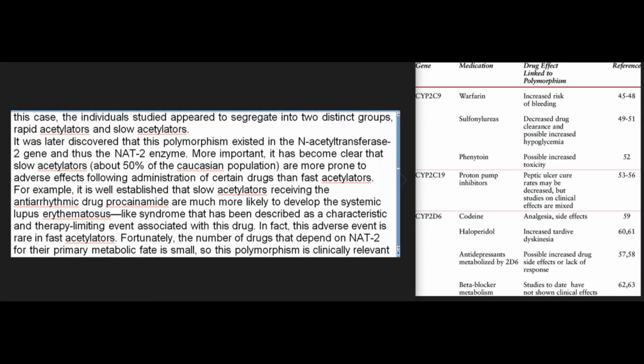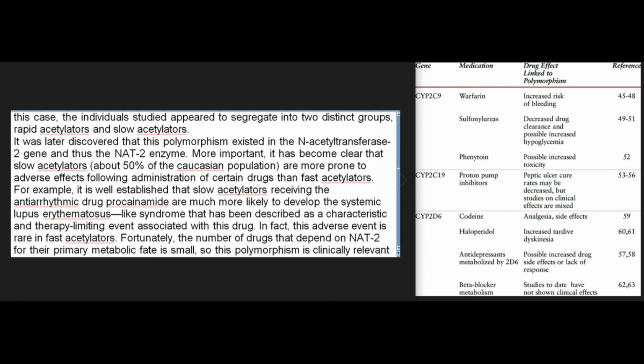In this case, the individuals studied appeared to segregate into two distinct groups, rapid acetylators and slow acetylators. It was later discovered that this polymorphism existed in the N-acetyltransferase 2 gene and thus the NAT2 enzyme. More important, it has become clear that slow acetylators, about 50% of the Caucasian population, are more prone to adverse effects following administration of certain drugs than fast acetylators.